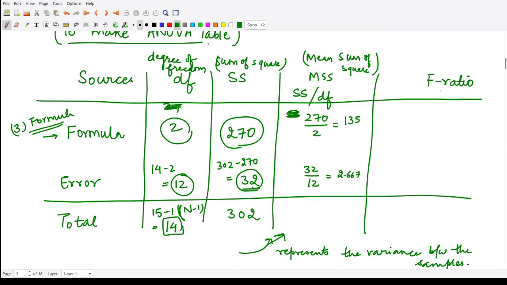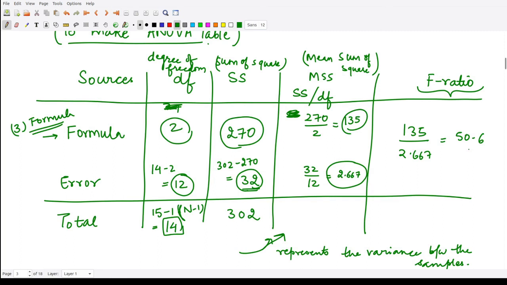So we are to calculate the F ratio. By calculating the F ratio, we will make our decision. So the F ratio is calculated by dividing this term with this term. So that means we will divide 135 by 2.667. This comes out to be equal to 50.6. So this is our F ratio.